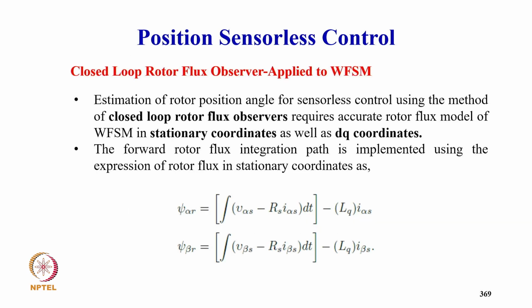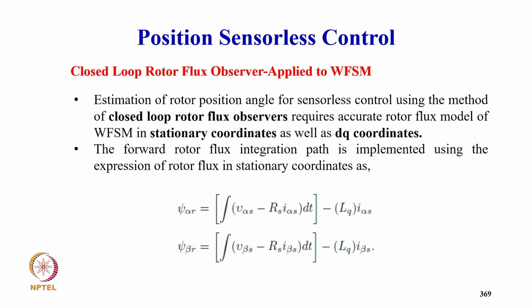And now coming to the closed loop rotor flux observer applied to the wound field synchronous motor. The estimation of the rotor position angle for stator flux sensorless control using the closed loop rotor flux observer requires an accurate rotor flux model of the wound rotor synchronous machine in stationary coordinates as well as DQ coordinates.